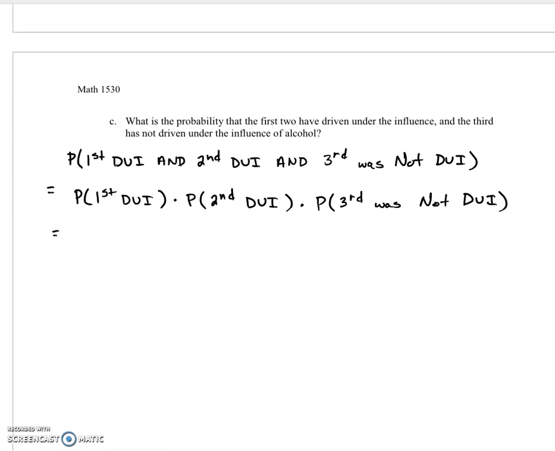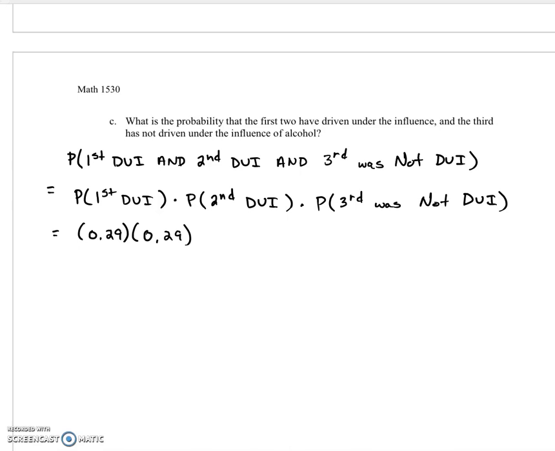So remember, the probability that we pick one person at random and they were driving under the influence of alcohol is 0.29. So that's the probability for the first one. The probability for the second one, driving under the influence, is the same thing. The third one was not DUI.